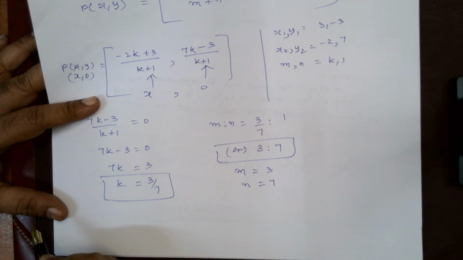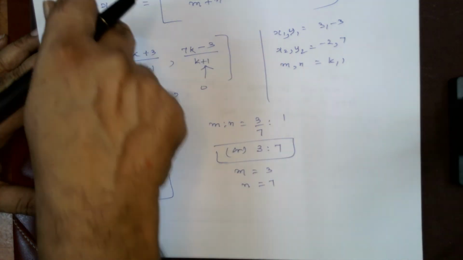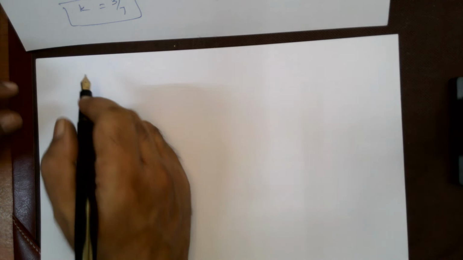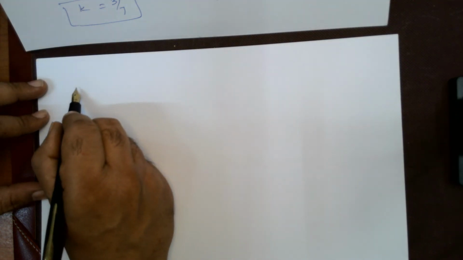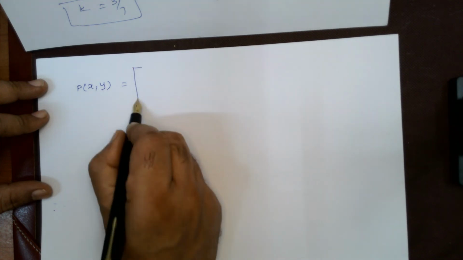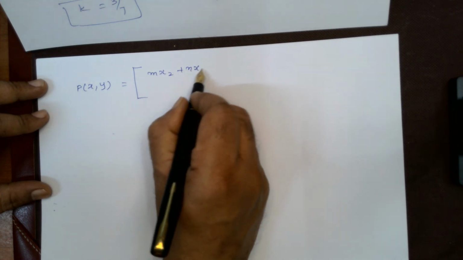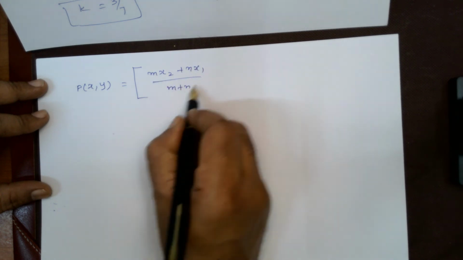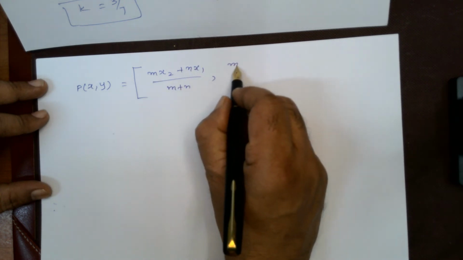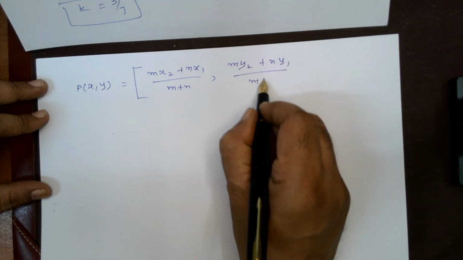Do you understand? Now we can substitute here and get the original xy. Okay. So let us substitute this original. So here let me put once again p of x comma y is equal to, what is the formula? mx2 plus nx1 divided by m plus n, comma my2 plus ny1 divided by m plus n.